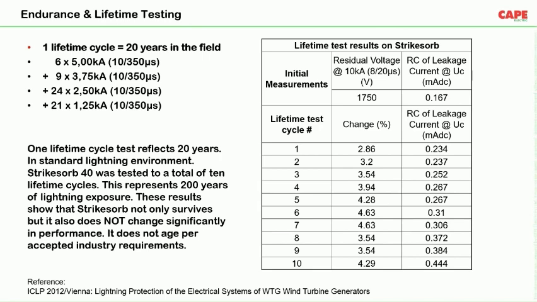In terms of leakage current, after the first lifetime test cycle, the leakage current was 0.234 milliamperes, and after the 10th lifetime cycle test, the leakage current was only 0.444 milliamperes. So this is a very good test result in terms of operations and reliability.